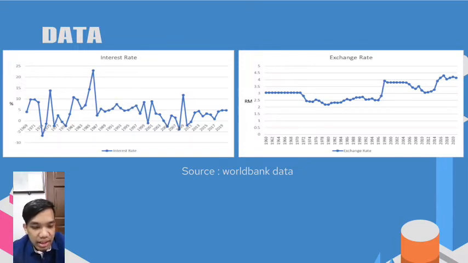Malaysia's interest rate again recorded a steady movement from 2000 to 2007, and the steady rate lasted until the world was shocked by the global financial crisis of 2008 and 2009. The global financial crisis of 2008-2009, originating in the US, was caused by a crisis led by banks, especially housing loans.